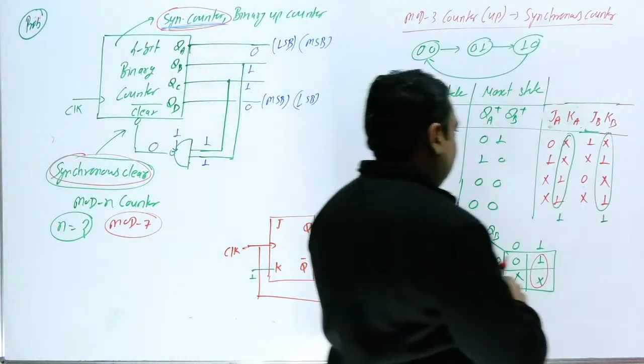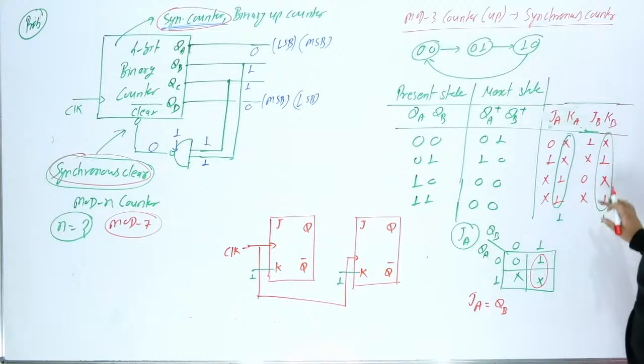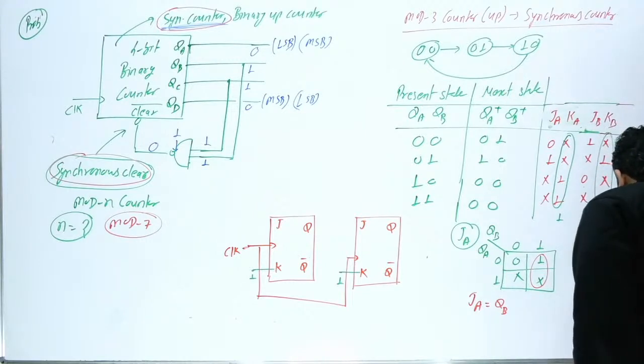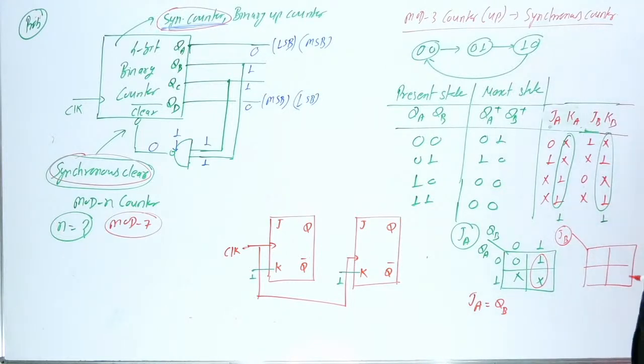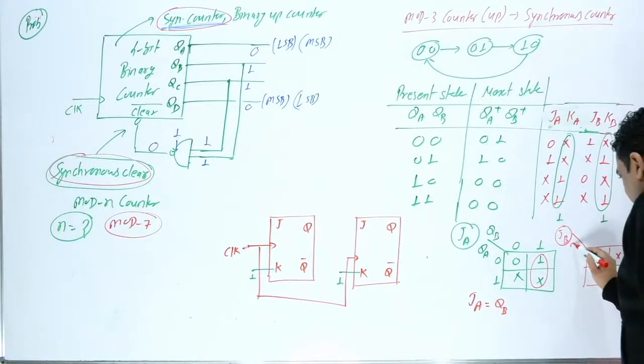Now the second one, 1x, 0x. This is JB. What is JB? This is 1x, this is 0x, and this is your QA, this is your QB, with values 0, 1. Which group can you form here?